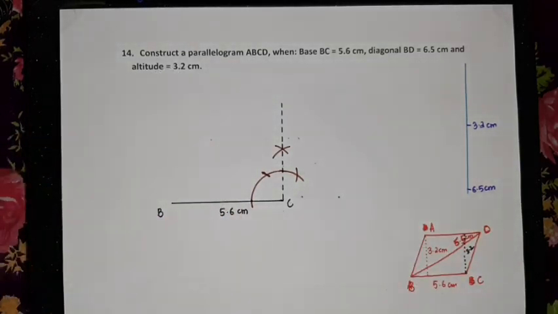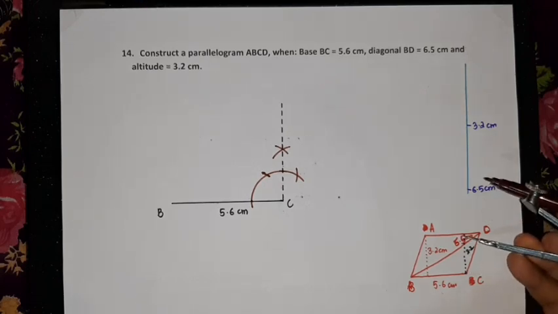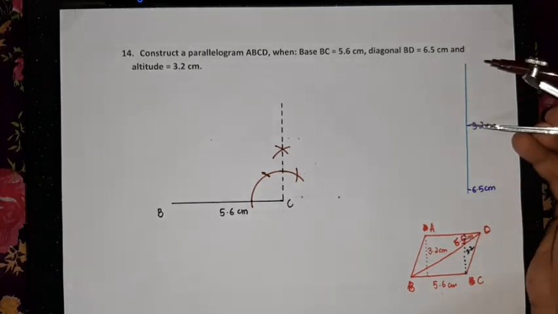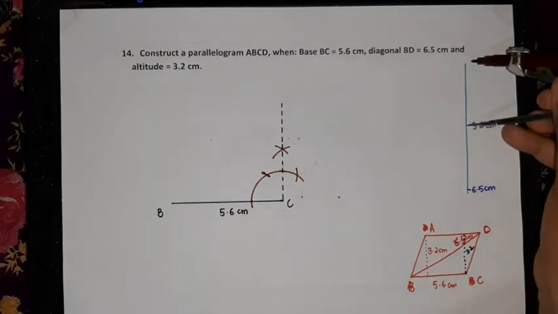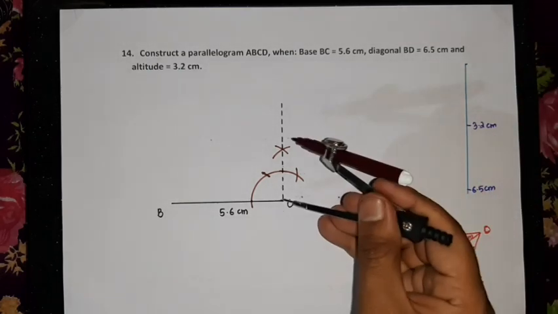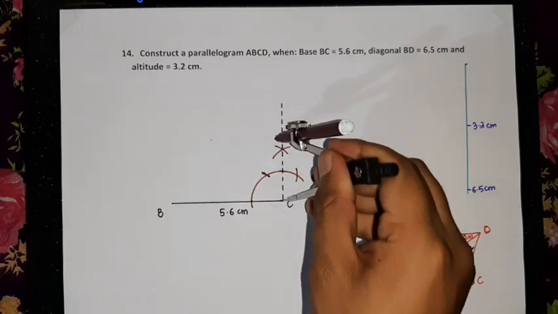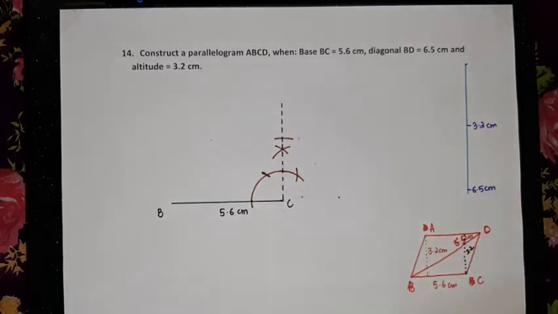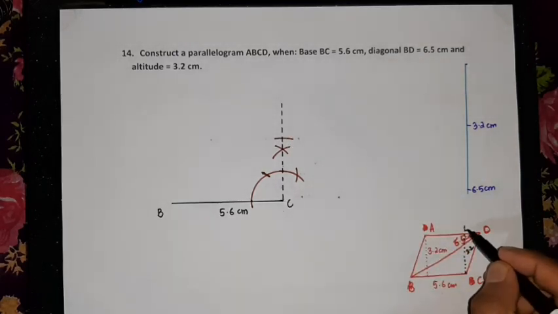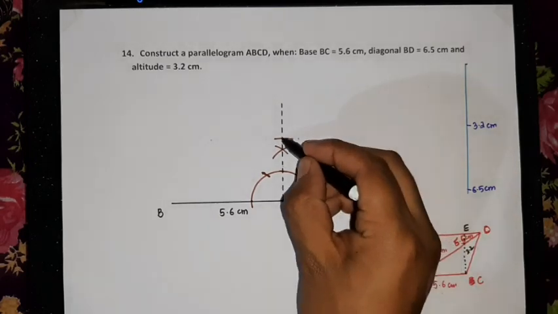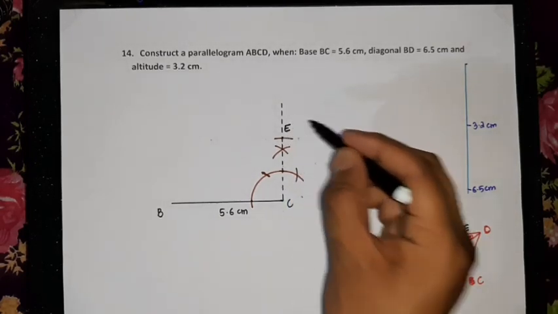I have used dotted line out here, and this is my 90-degree, right? Now I need to take a measurement of 3.2 because my height is 3.2. So I have taken 3.2 as my height, and I need to cut this dotted line at 3.2. Now the point of intersection is going to be my point E. Okay, so this is my point E.